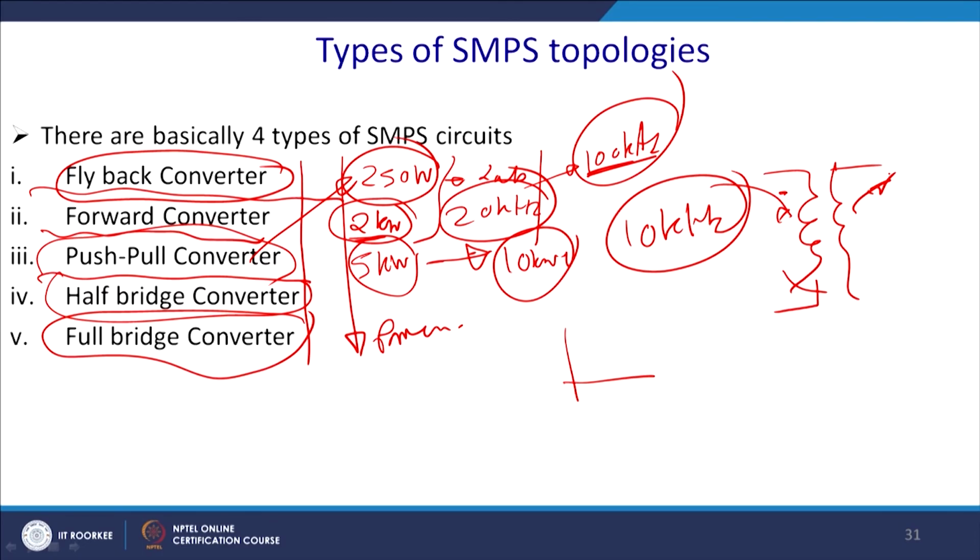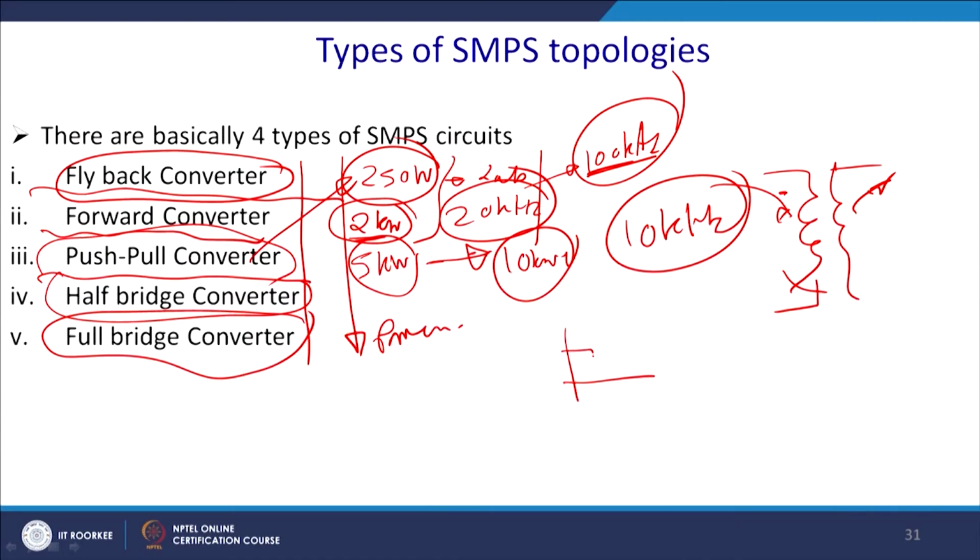In case of normal transformer operation, flyback will be different, which will come later. So, what will happen when you are chopping, if you have this kind of voltage and you are applying the same to the transformer?